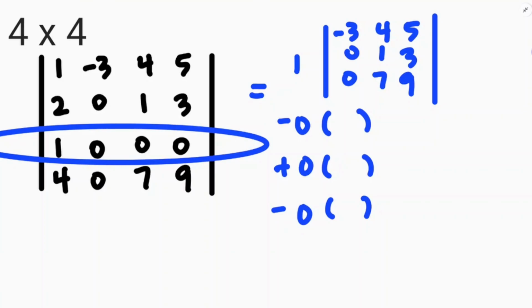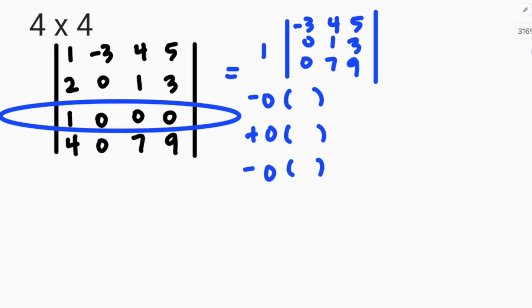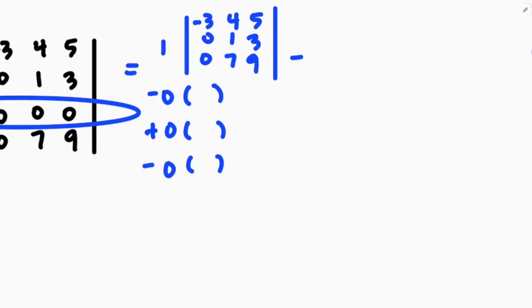So it's going to be the determinant of the submatrix that I'm saying over there. The cofactor matrix is actually what it's called. I'm going to choose that first column, so that's going to be negative 3 of something, minus 0 of something else, plus another 0.